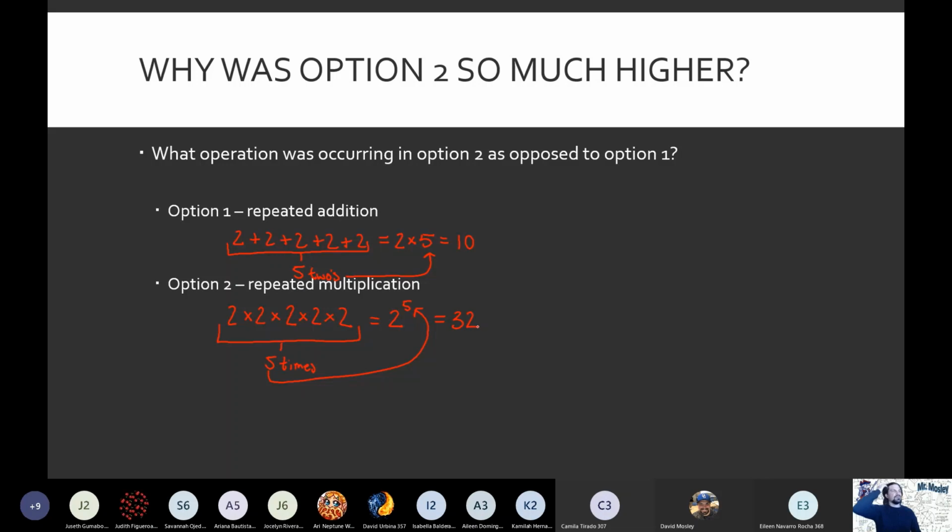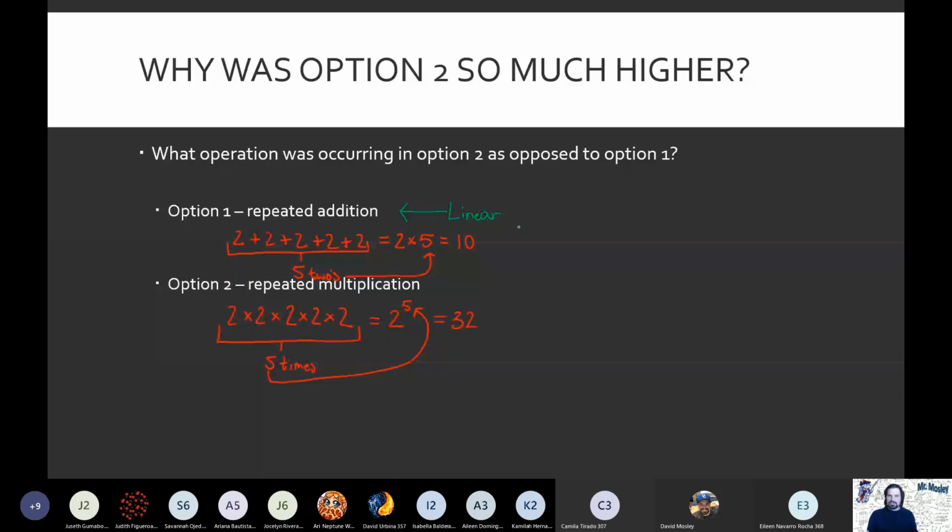Okay. Is there any question about the difference between repeated addition and repeated multiplication? So what this gets to here, repeated addition is what we just did in our previous unit.